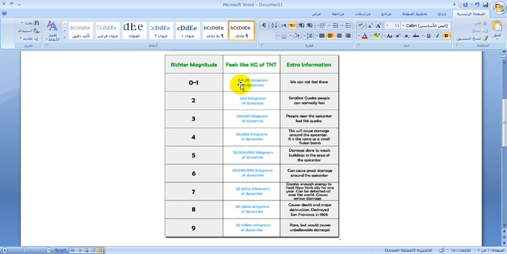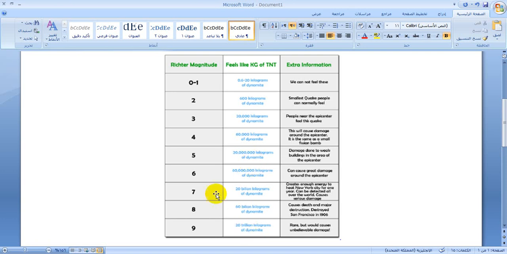The first, second, third, and fourth don't reach a million, but from number 5 up to 9, it will be more and more, reaching up to trillions.